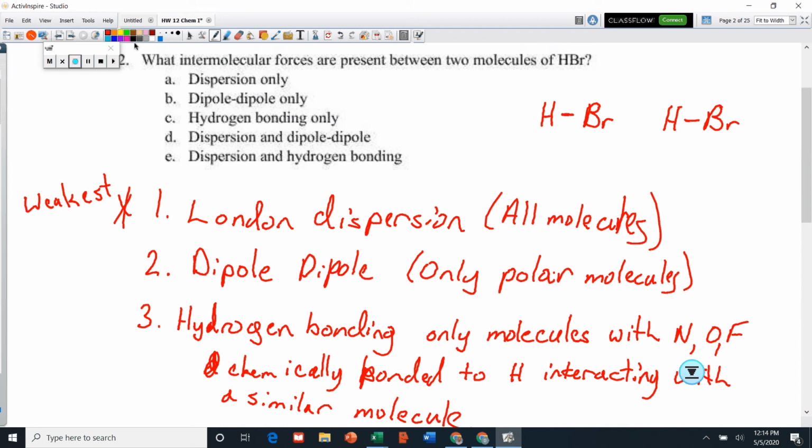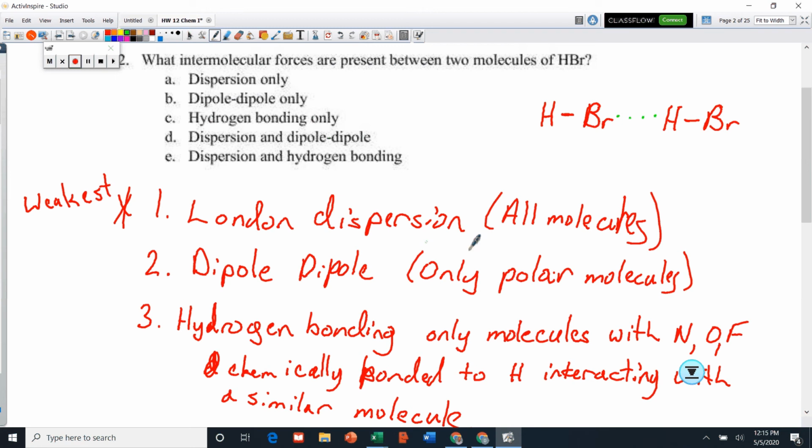We are actually talking about the interaction or the force that would hold two separate molecules together. So we're looking at this in between. This is not a chemical bond. This is a physical bond. All three of these are physical bonds, not chemical bonds.